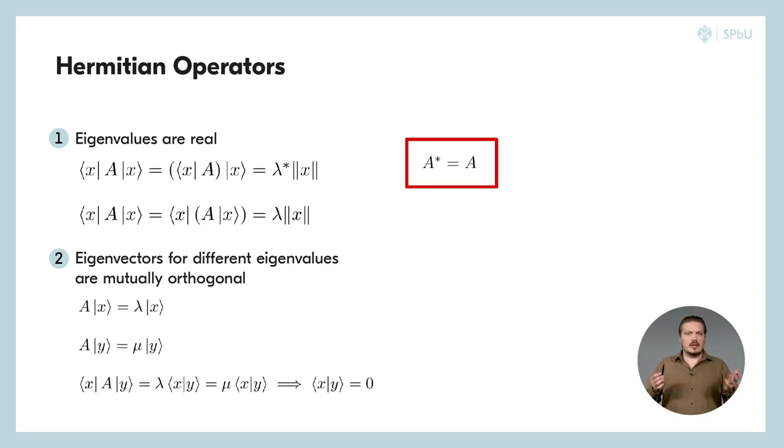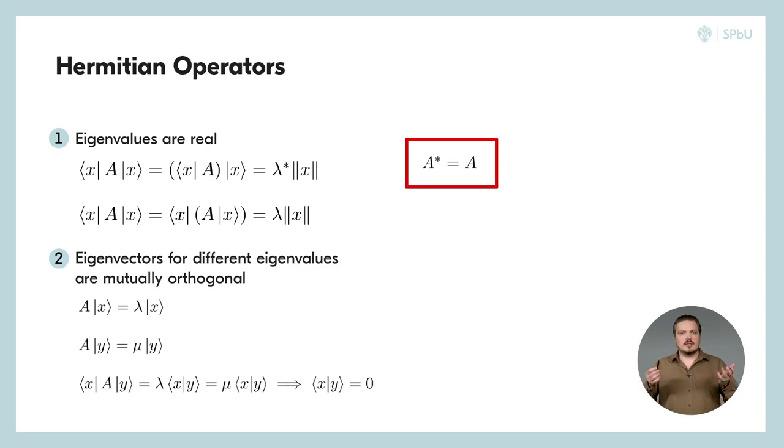Second, the eigenvectors of different eigenvalues are mutually orthogonal. This is a very important property. It means that for a Hermitian operator in a finite-dimensional space, we can construct an orthonormal basis of its eigenvectors.